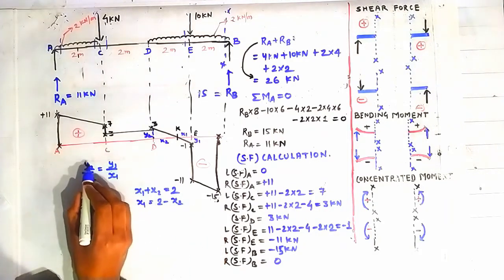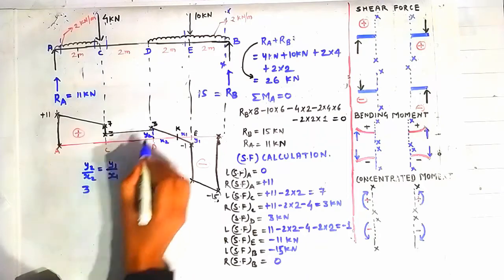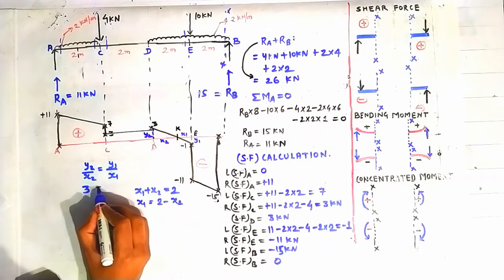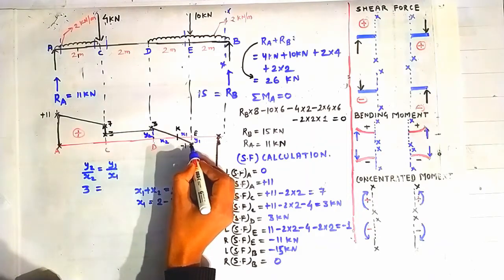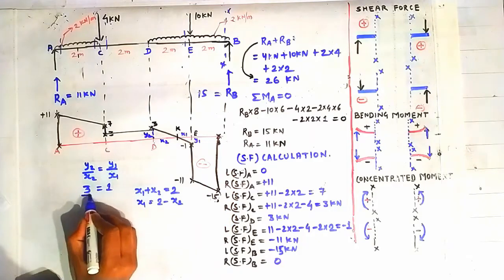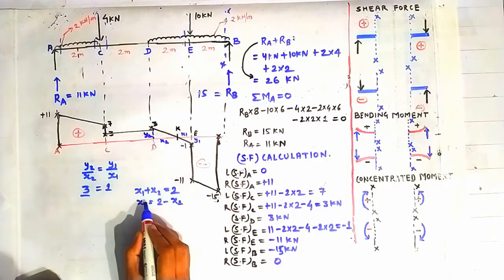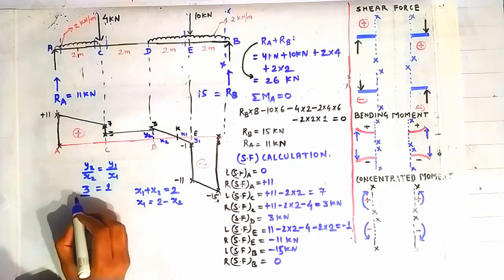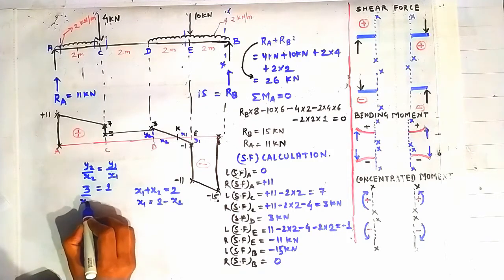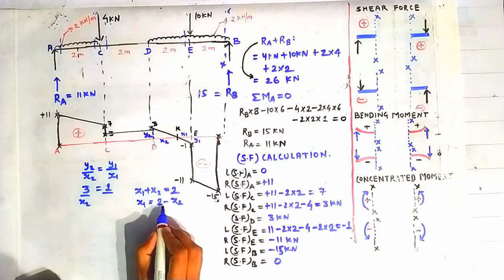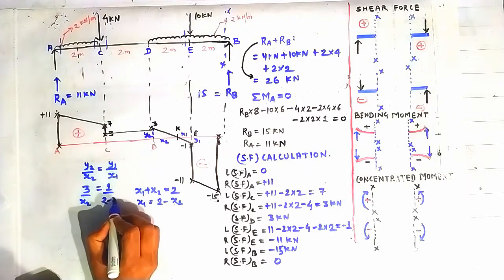Now putting here y2 as 3, and y1 here is put as how much? 1. Okay, and x2 is put here as x2 as it is, and x1 is put here as 2 minus x2.